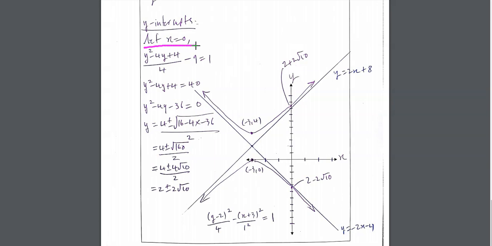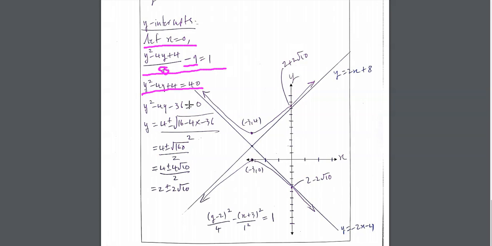So we go ahead and we let x equal 0, substitute it into our equation, okay? Add this 9 over to the right-hand side and then multiply everything by 4, and we get this.